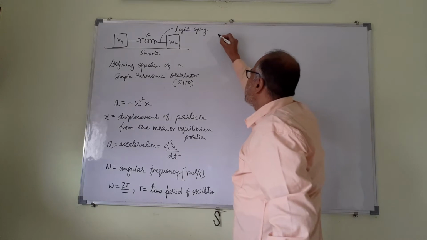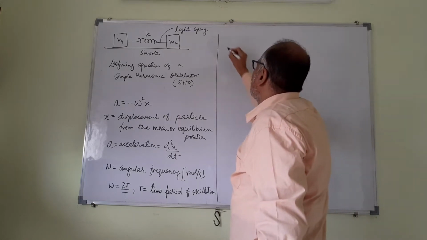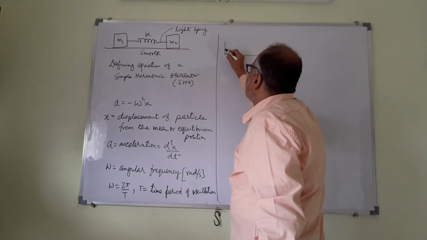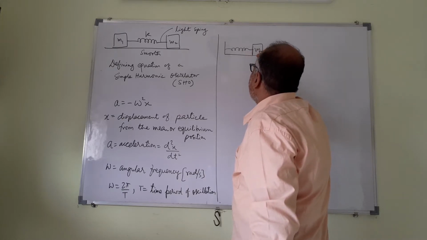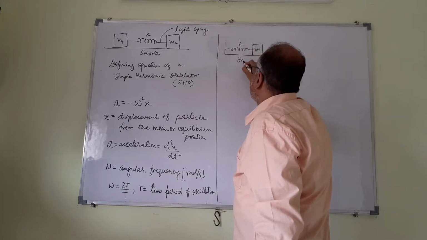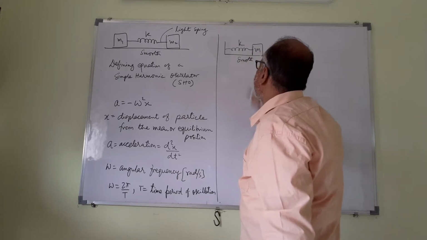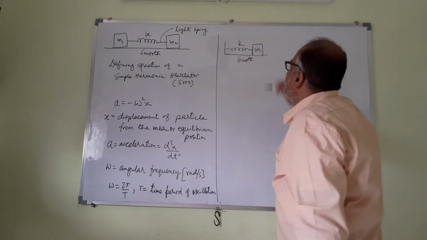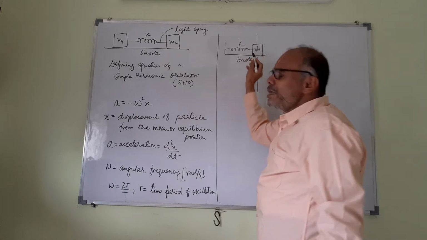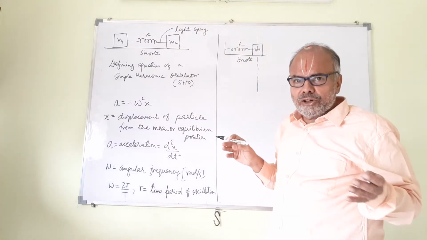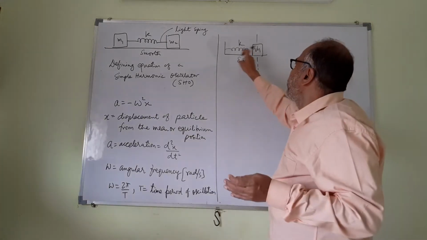Now, let us take a simple system whereby you have a spring fixed to a wall and there is a mass m on a smooth floor like that. Now, this will be the equilibrium position because the spring is undistorted, so there is no spring force.